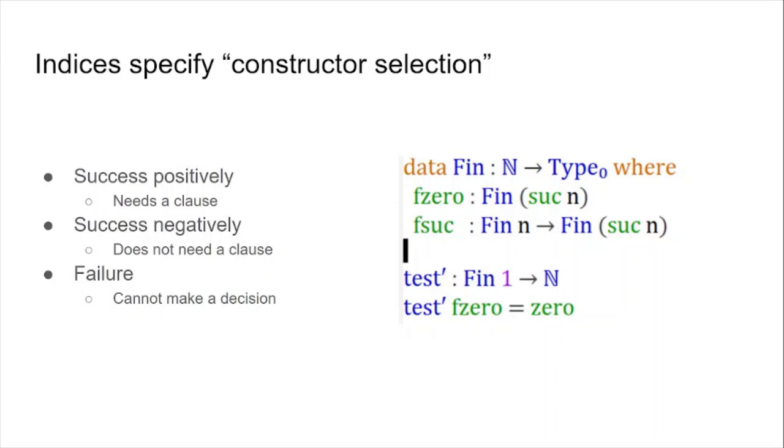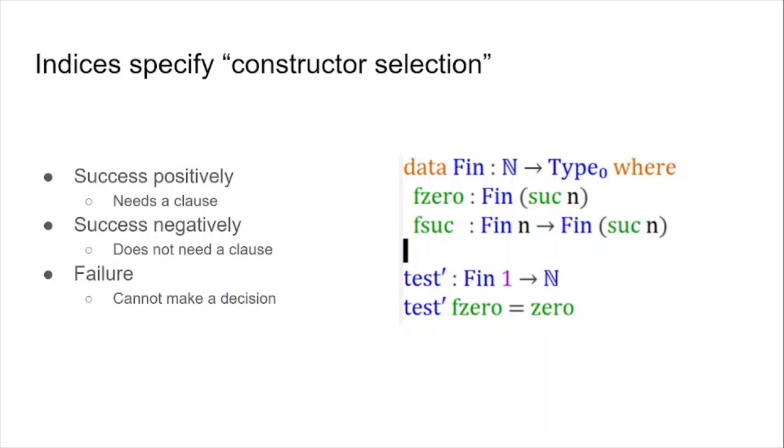This unification process has three potential results: success positively, where we allow and require a pattern matching clause for this constructor; success negatively, where we do not need to provide a pattern matching clause for this constructor; or a failure, where the type checker cannot make a decision and disallow pattern matching for this type.